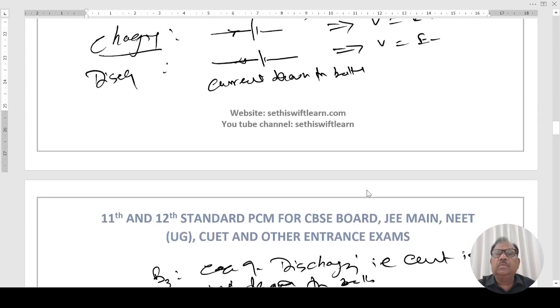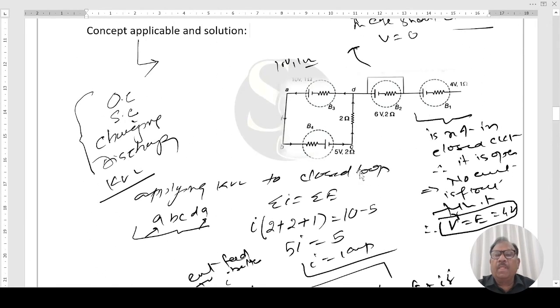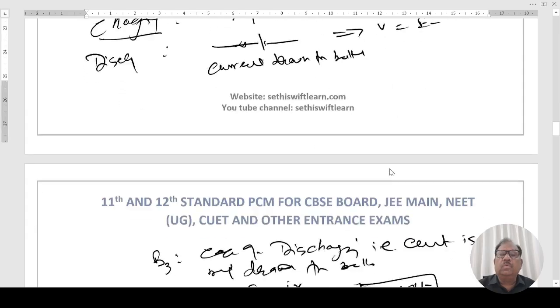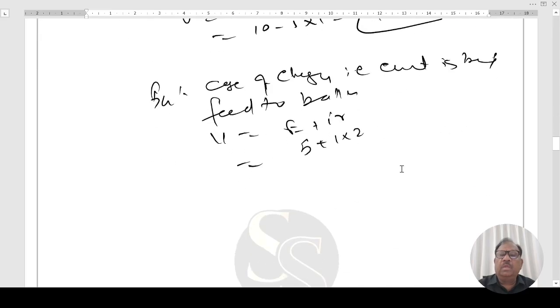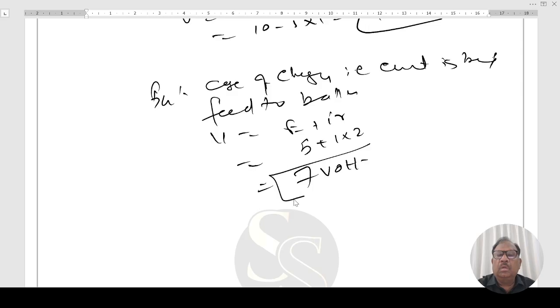V is 5 plus 1 into 2, that is 7 volt. This is all about short circuiting, open circuit, charging and discharging, and how to find the voltage across the batteries. All concepts have been cleared. Next question.